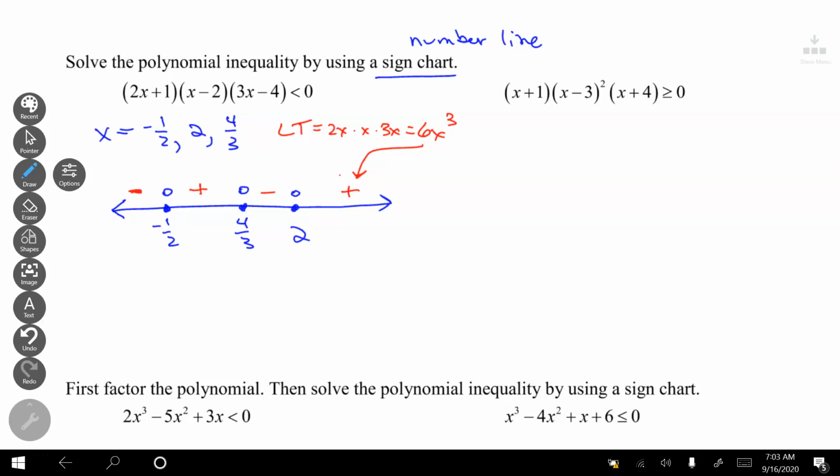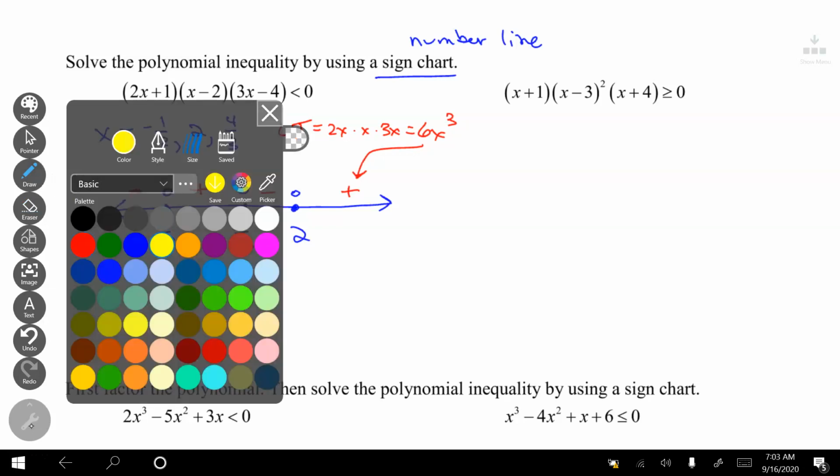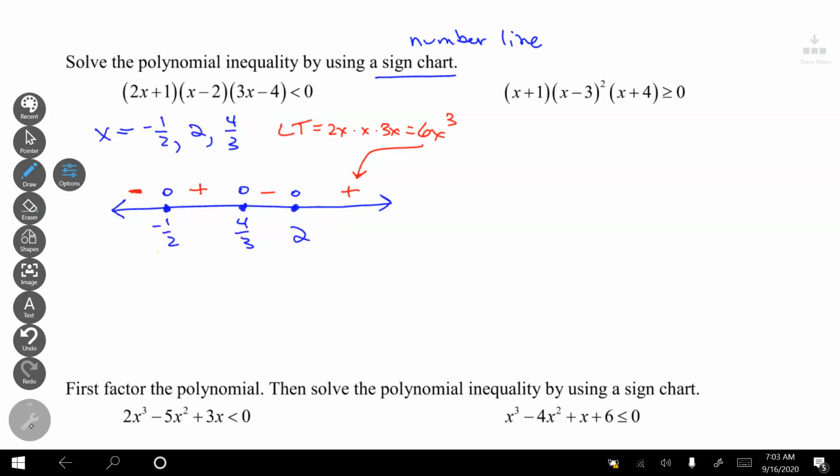Okay? And the idea is that x to the third means the two ends better be opposite. And look at these two ends here. These ends are opposite. If I wanted to draw a two-dimensional graph of this, it would look something like this. This number line is the x-axis.